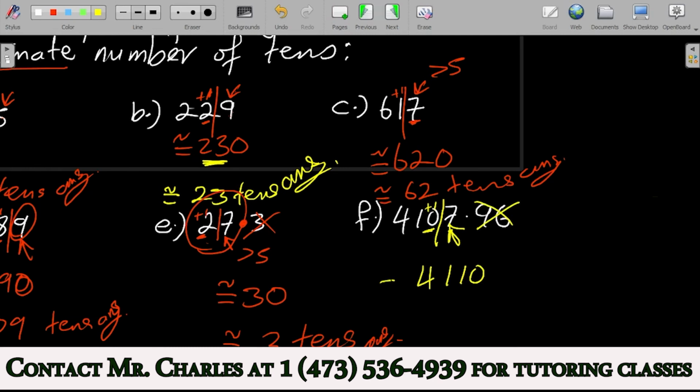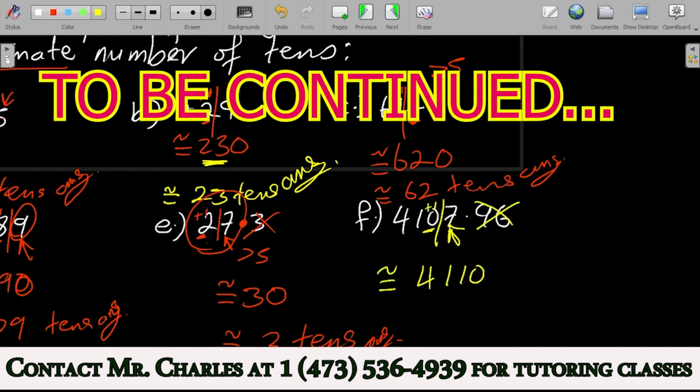So 4107.96 is approximately equal to 4110. And dividing that number by 10, we get 411. So there are approximately 411 tens in 4107.96. That's our answer there. Okay.